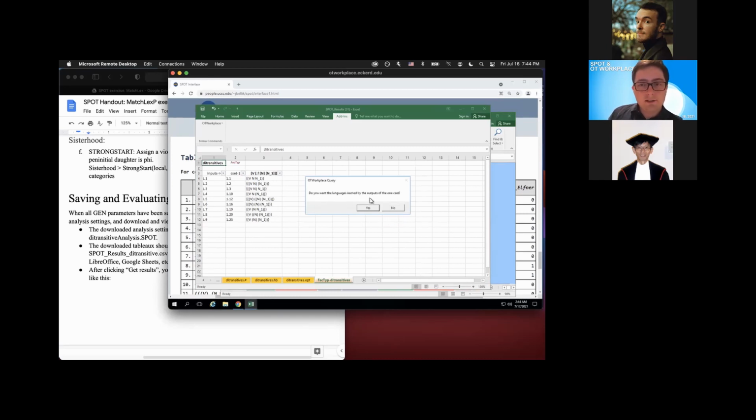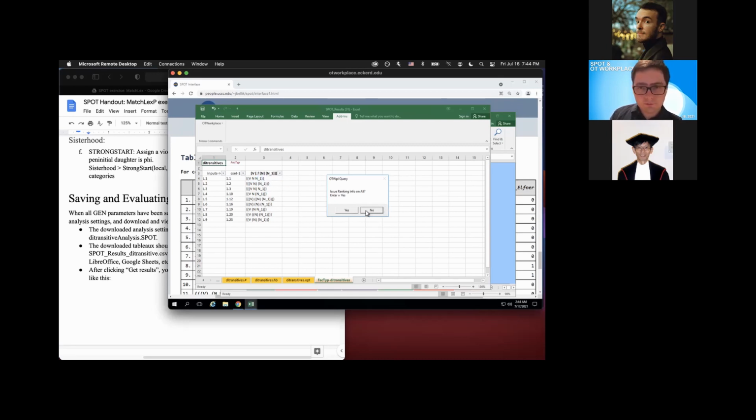So now it asks us if we want to name the languages by their outputs. I'm just going to click no. That's not super important right now. And then it asks us if we want to issue the ranking information. So if we did this, it would go through and tell us what constraint ranking we need for a language where this prosodic candidate is the winner, or this one.